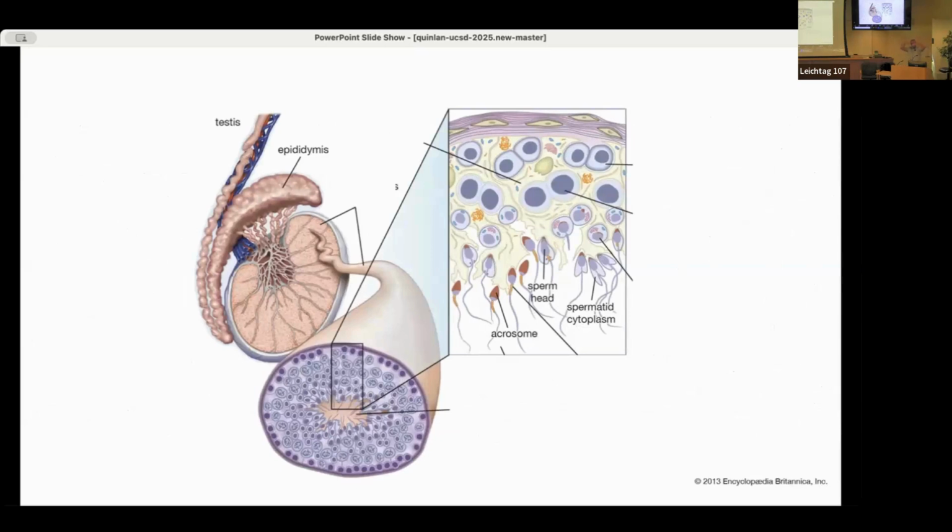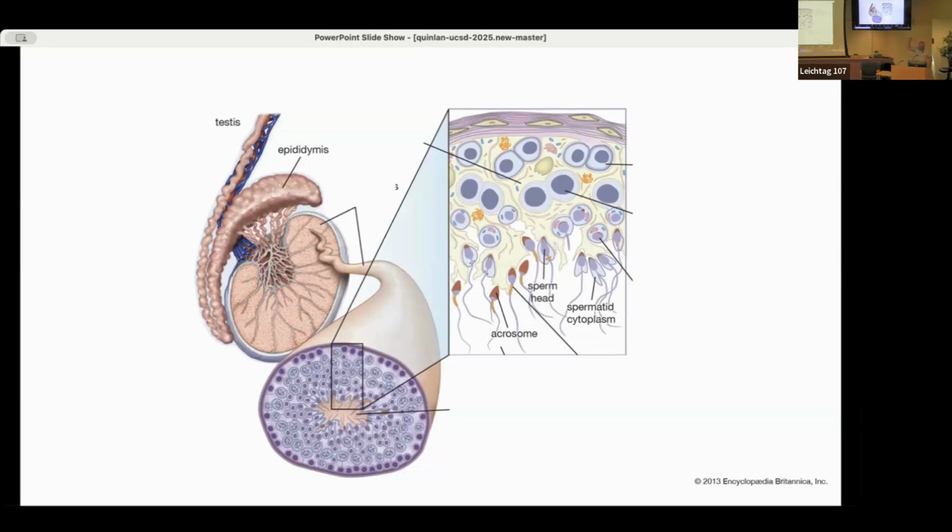But when they commit to differentiate, there's this maturation process that mature sperm end up being in the center of the seminiferous tubule. When they get to the center of the lumen, they migrate down the seminiferous tubule to the epididymis and then ultimately are ejaculated.